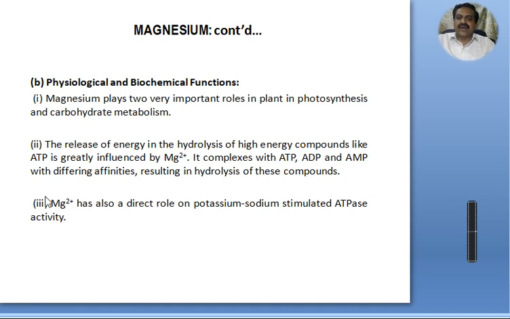The release of energy in the hydrolysis process, a high energy compound like ATP is greatly influenced by the magnesium 2 plus ion. It complexes with ATP, ADP, and AMP with differing affinities, resulting in hydrolysis of these compounds.